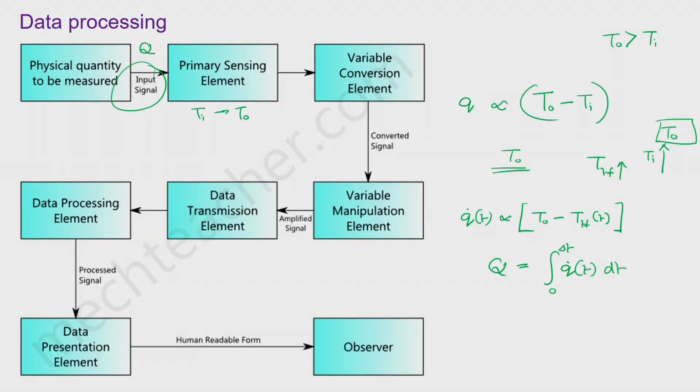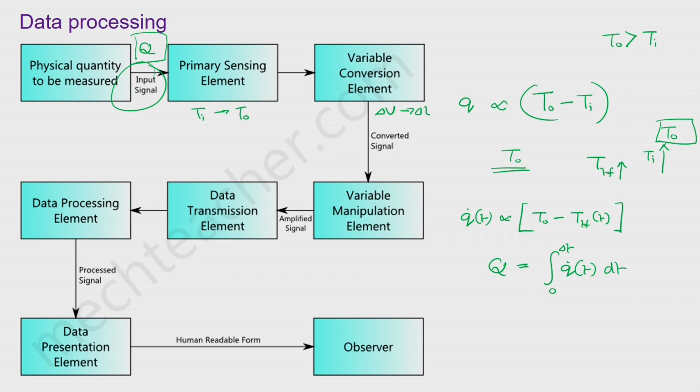So, while your actual primary input is this amount of heat Q, this variable will get converted to give some delta V of the thermometric fluid, or maybe some change in the length delta L of the thermometric fluid in the capillary tube. So, that is a variable conversion stage.